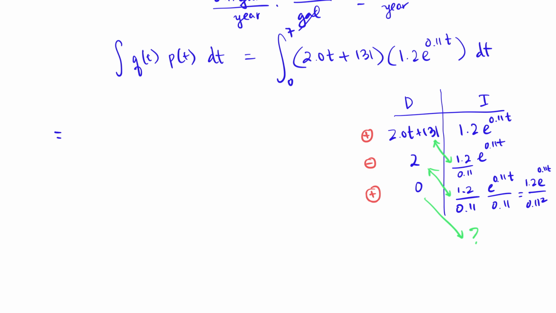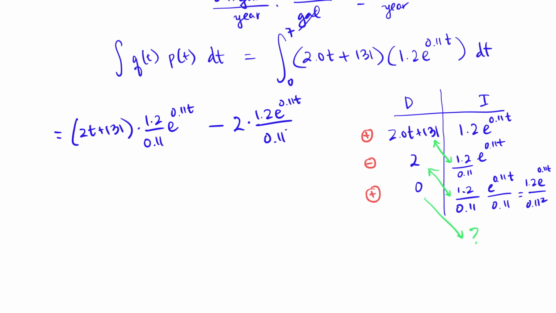And so the antiderivative will be the product of the first diagonal, 2T plus 131 times 1.2 divided by 0.11 e to the 0.11T, minus, remember, alternating the sign, 2 times 1.2 e to the 0.11T divided by 0.11 squared, plus, there's no need to write it because 0 times anything will be 0, and we evaluate from 0 to 7.